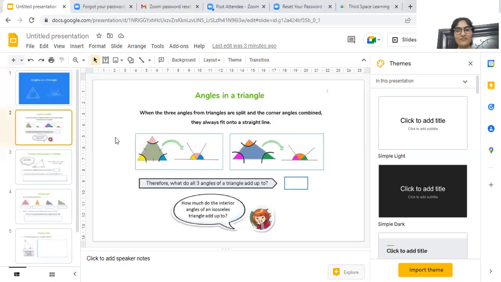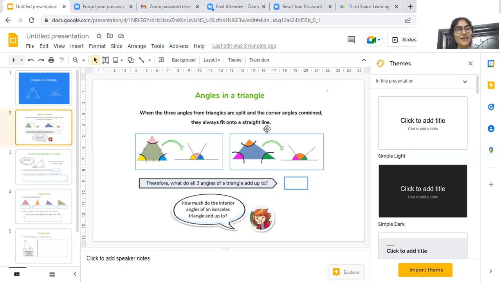Okay, so here we are on the second slide. So what's given over here? Should I read it for you or will you be reading? Okay, no worries, I can read it. Here we are given angles in a triangle. When the three angles from the triangle are split and the corner angles combine, they always fit into a straight line.